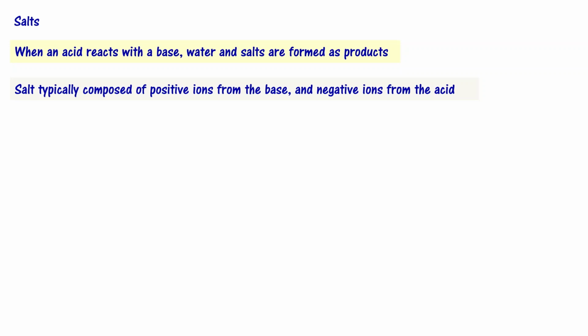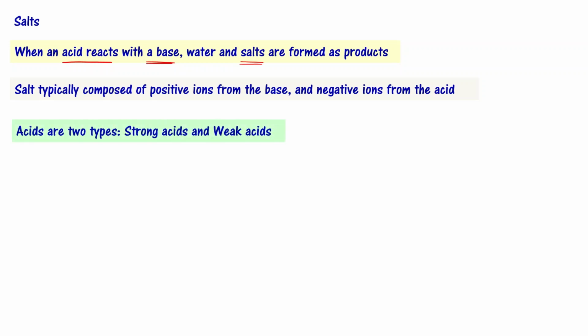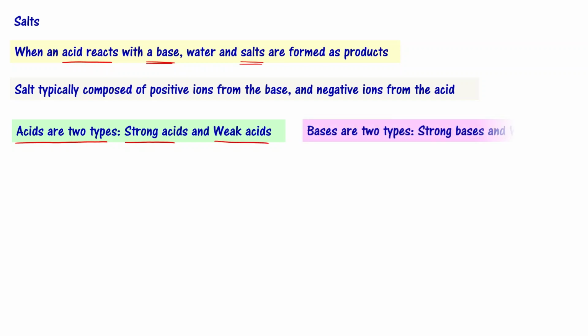We said that when acid reacts with a base, water and salt are getting formed, right? We know that acids are of two types, strong acids and weak acid. Similarly, we know there are two types of bases, that are strong bases and weak bases, right?